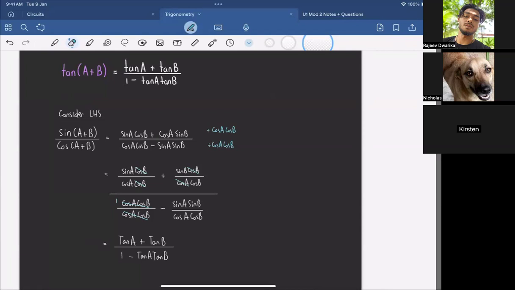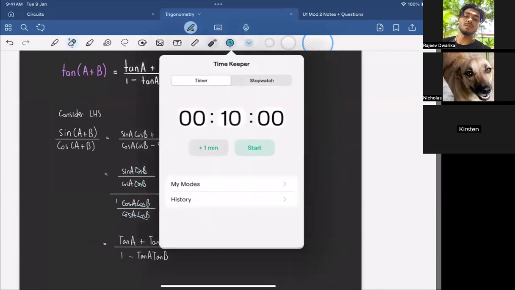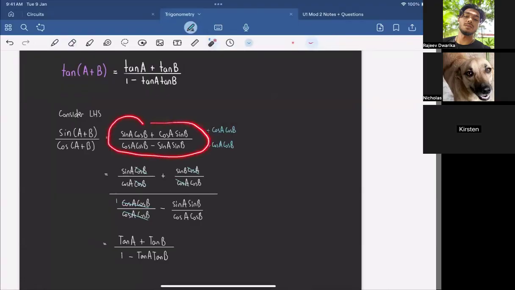Let me show you how we could see it. You understand how to get to this part, this part is real easy. Now let me think. How are you going to get tan A? How are you going to get tan B?